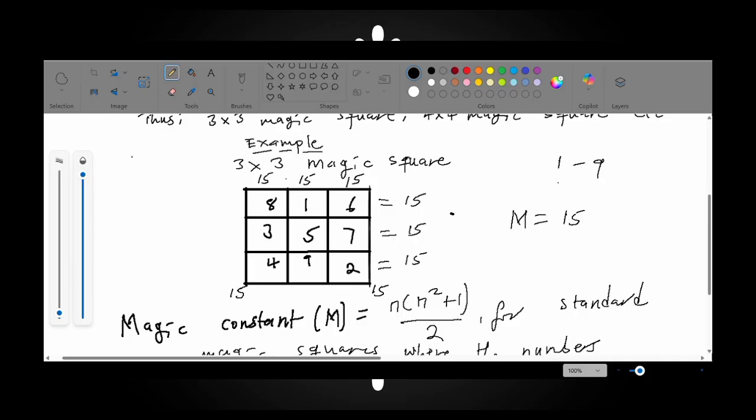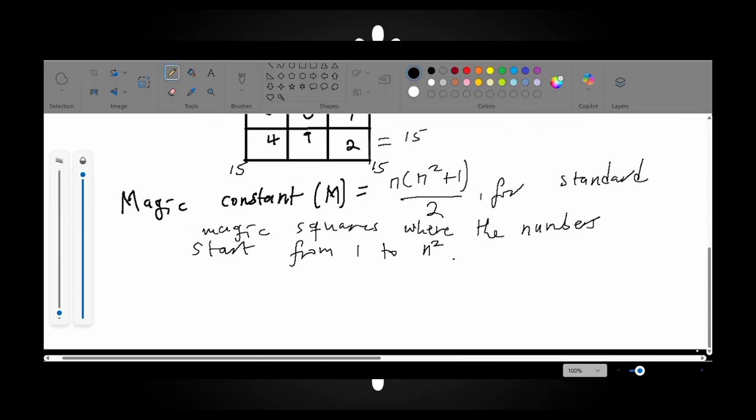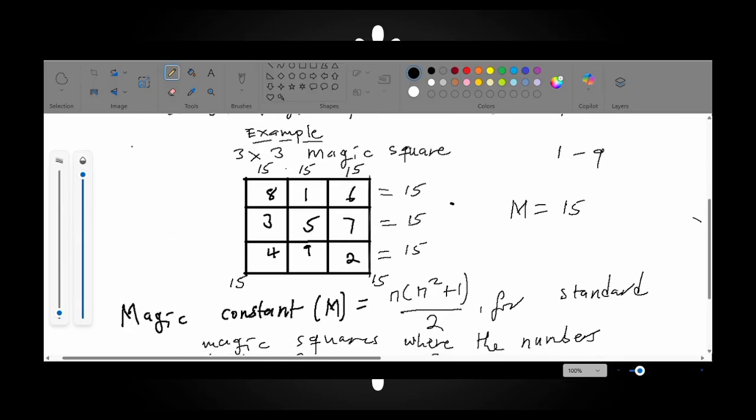Meaning, if you're talking of the standardized one, your entries are 16. So if you're starting from 1, it's going to be 1 up to 16, right? Actually, I want us to see for the 3 by 3, having the starting number from 1 up to 9, we realize that our magic sum or the magic constant is 15, right?